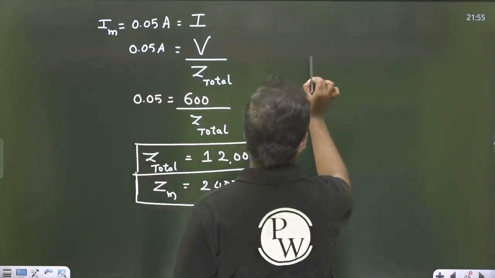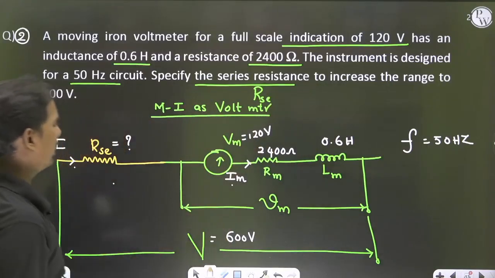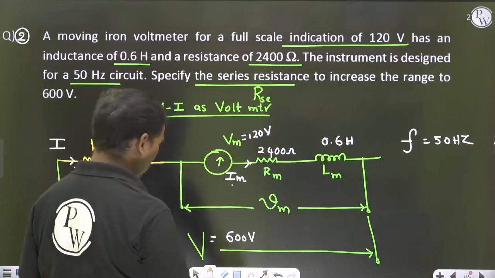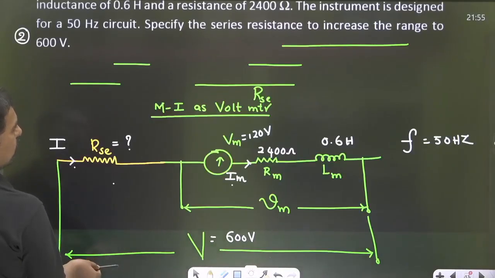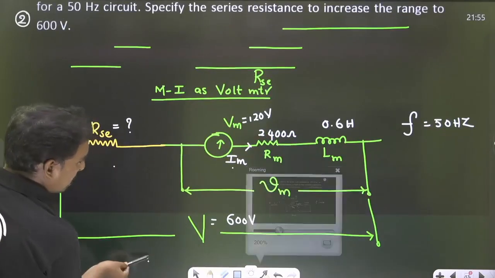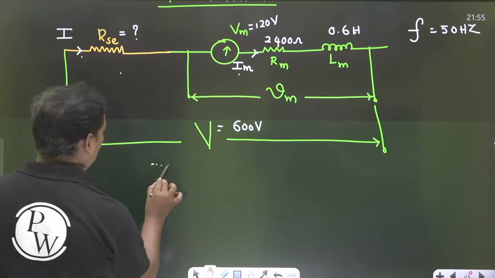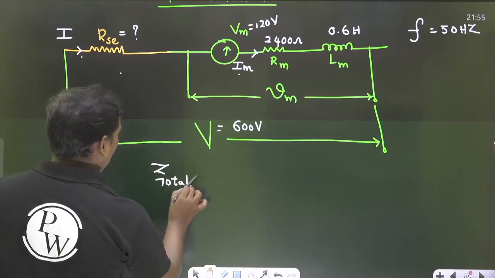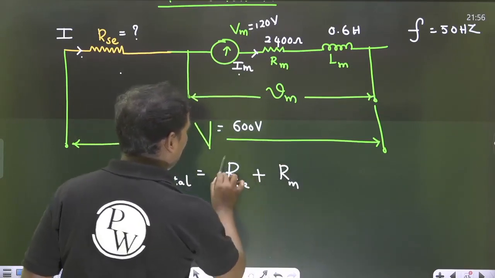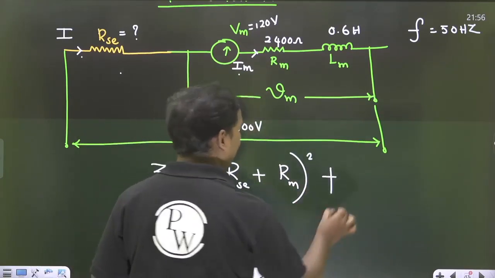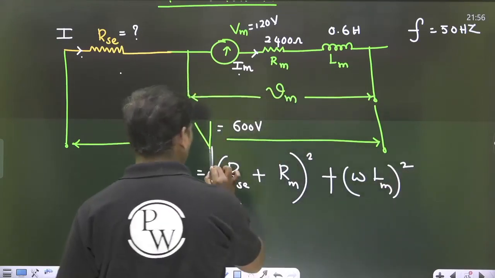See, what is Z total? If you see from the picture, the total impedance of this diagram is what, dear? This and this, na. So what I can write here? The Z total is the square root of RSC plus Rm whole square plus omega Lm whole square.